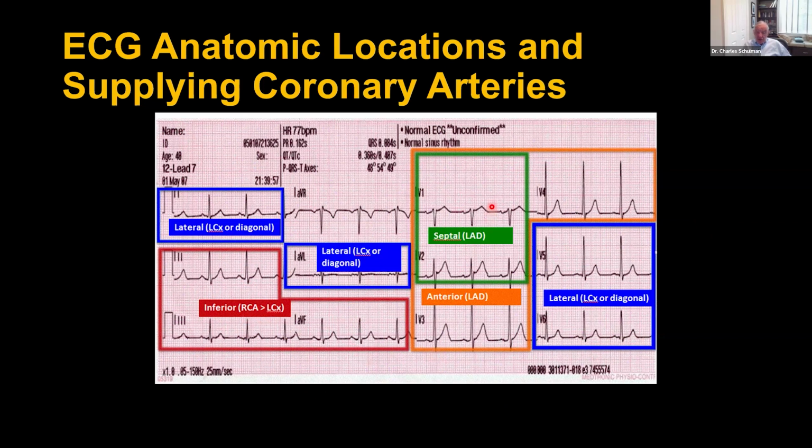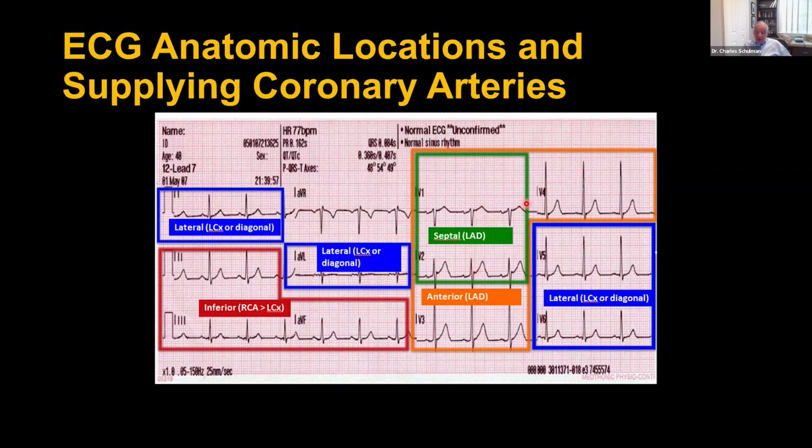Anterior infarctions are seen in the chest leads V1 through V4, and the leads 1, AVL, and V5, V6 are called lateral, due to either the left circumflex or a diagonal branch of the left anterior descending coronary artery.